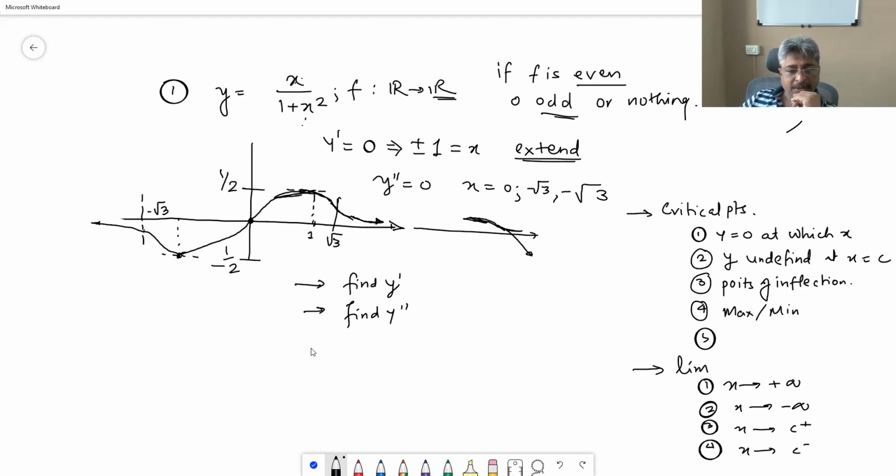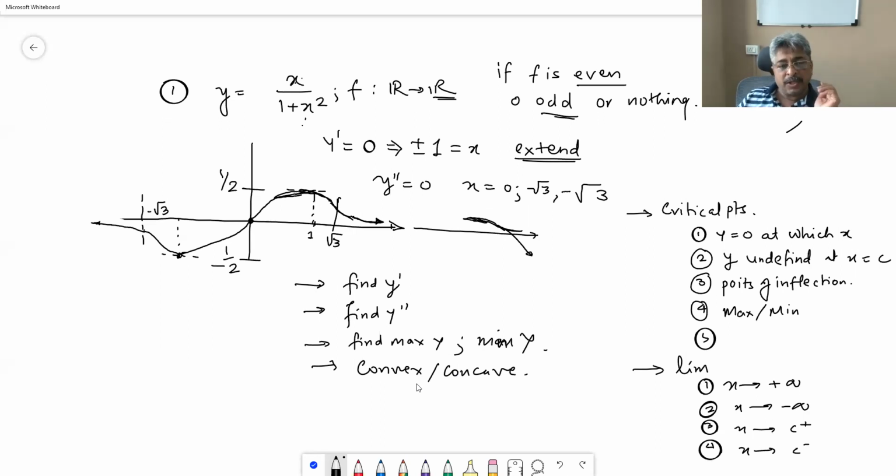So find max y, max min y. Convex, concave. All these things need to be done every time that you are sketching, and that makes our job easier.